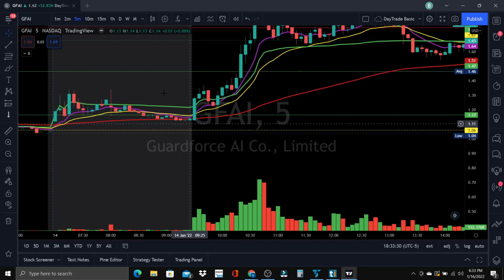Right here, the high of this candle, and you can see the open, high, and low, is 114. So I would normally place my order at 115. But in this case, because I have this line here at 117 that I look at as possible support or resistance, I would place my order at 118, thinking that if we broke above that, it could be a possible momentum play going forward.